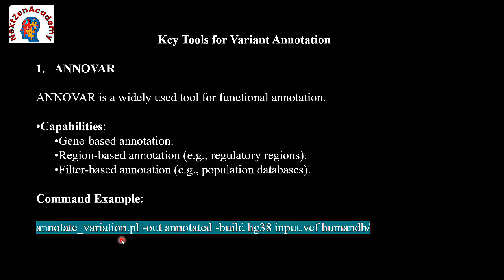Variant annotation can also be done with ANNOVAR. That is mainly for functional annotation, and it can be done with gene-based annotation, region-based annotation, and filter-based annotation.